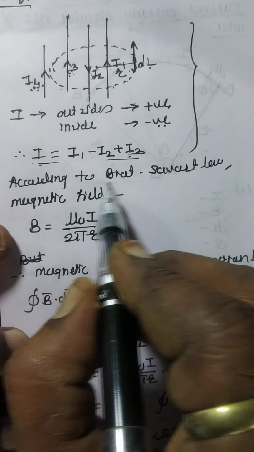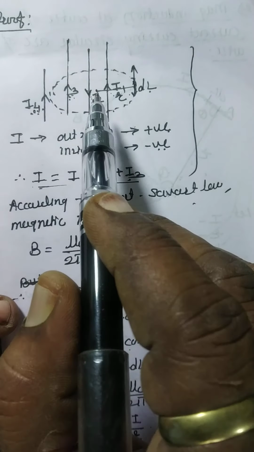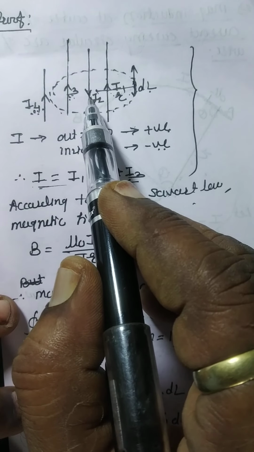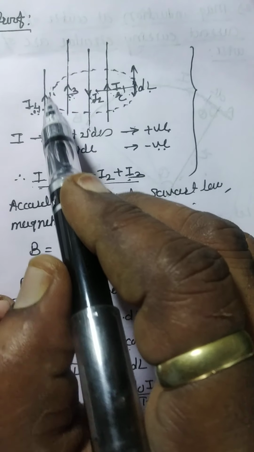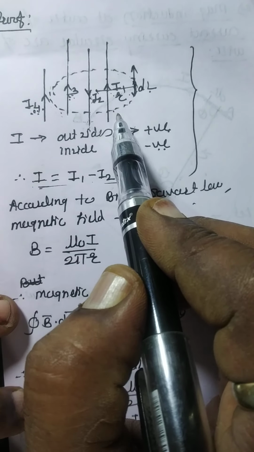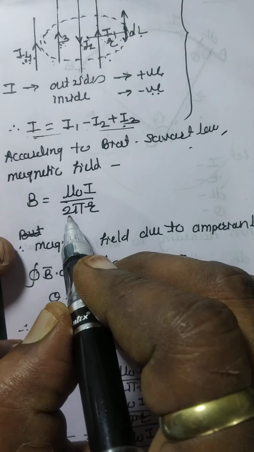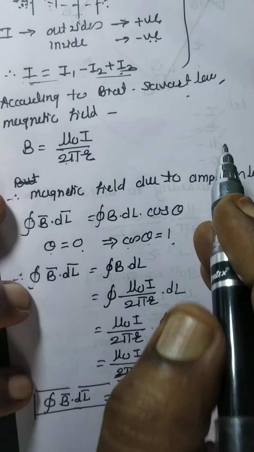Now, according to Biot-Savart law, the magnetic field due to a current carrying coil is mu naught I divided by 2 pi r, where r is the radius of the coil.